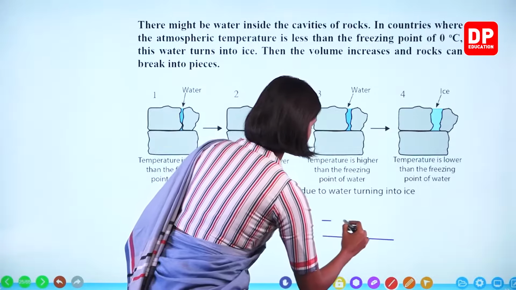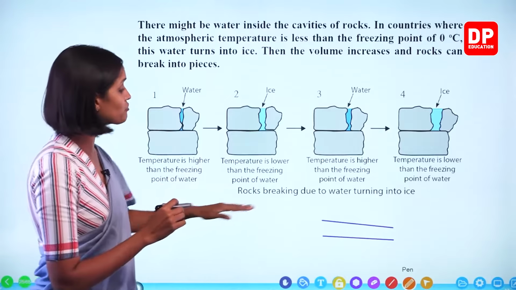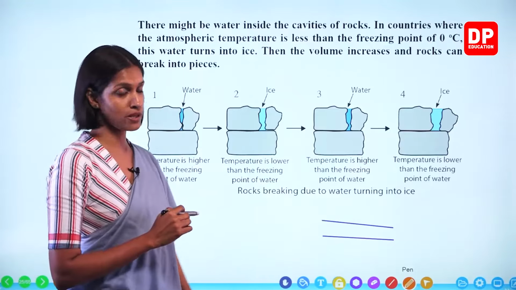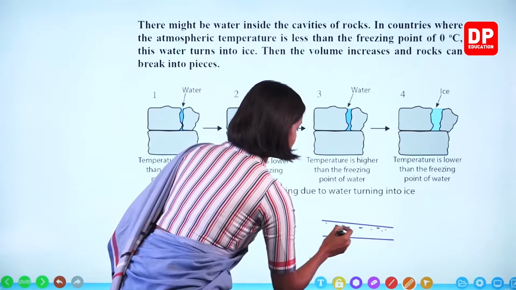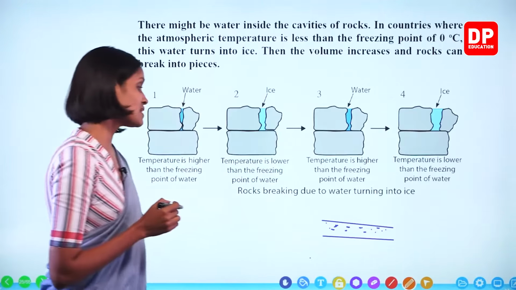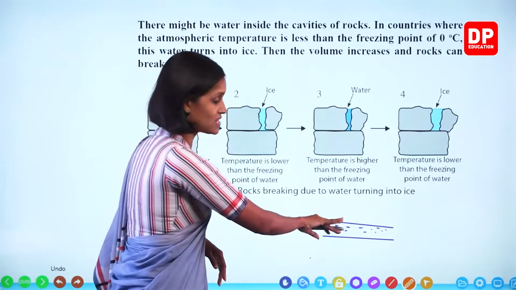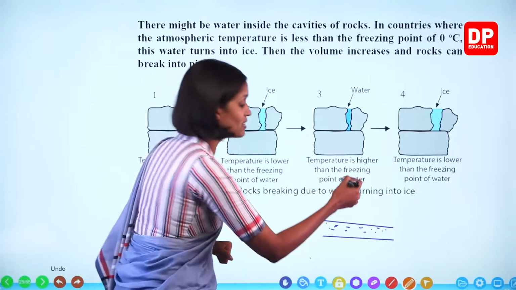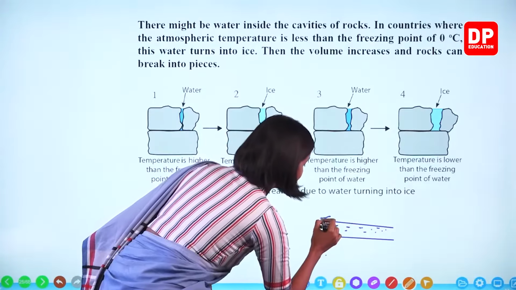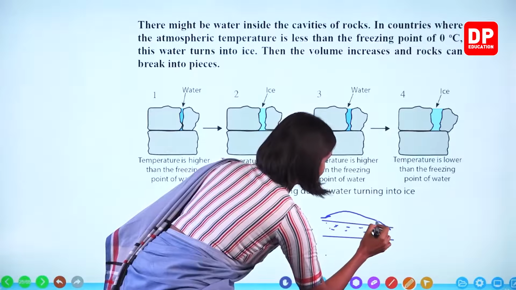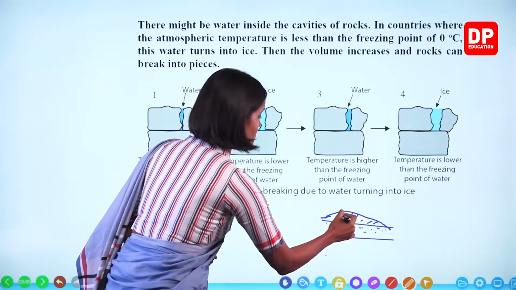To observe this, you have to fill the water up to the top, right? When you fill water to the top of the ice tray and freeze it, you will realize that when the ice is formed, the ice layer will be above the top level of the ice tray.